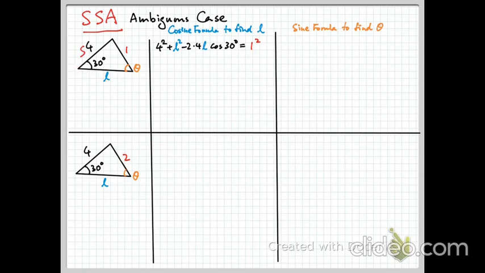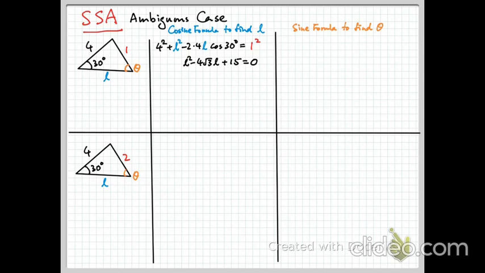So now we have a quadratic equation in L. When you simplify the equation, it becomes L squared minus 4 root 3 L plus 15 equals 0.